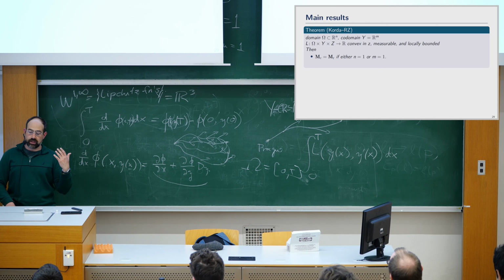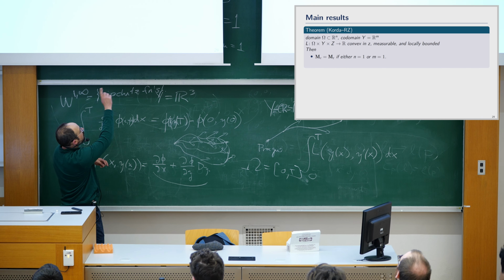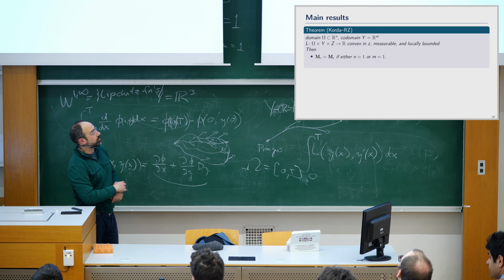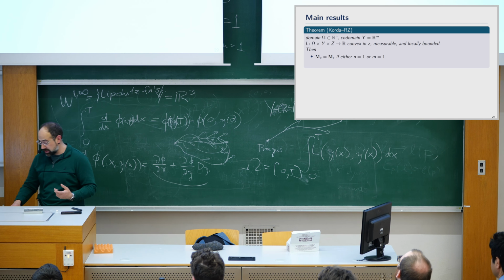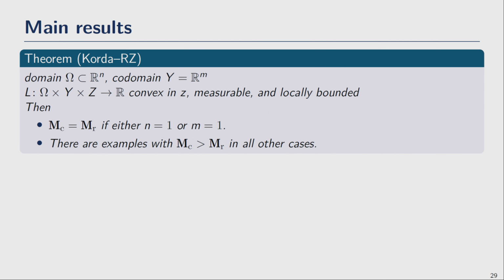Then we get that if the codomain y or the domain are of dimension 1, then there is no gap. But in all other cases, there is a gap for some examples. Okay, I'm not saying that for every L there's going to be a gap, but we have examples where there are gaps, right?